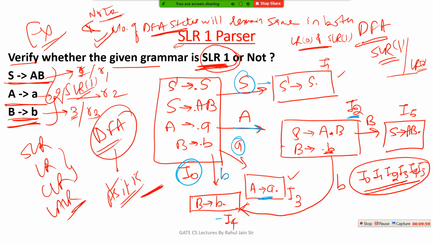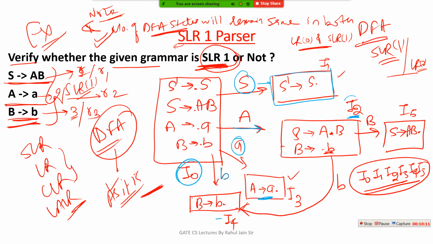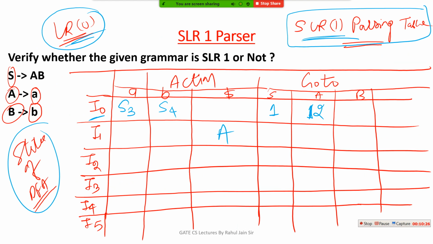Now as you know, I1 is my starting state and it is reducing itself, so I1 will get accepted on dollar. Now I2 has one transition on capital B, basically the non-terminal B, and on non-terminal B it is shifting to I5, so I need to mention 5 here.